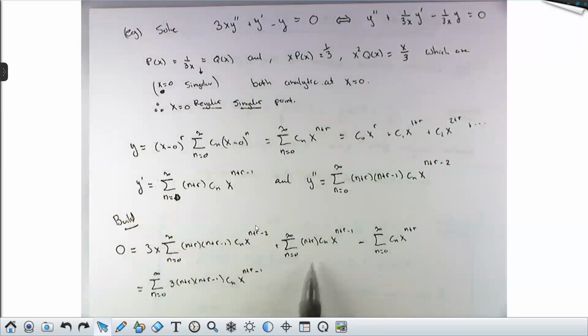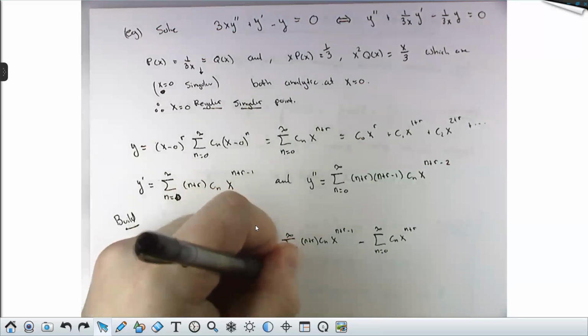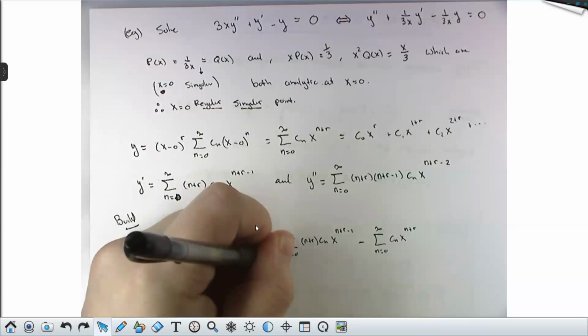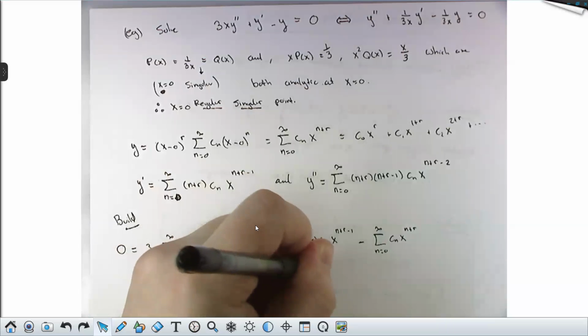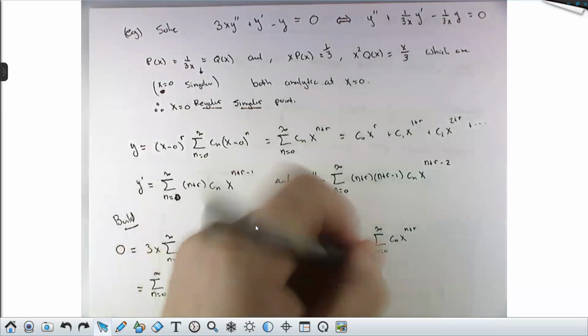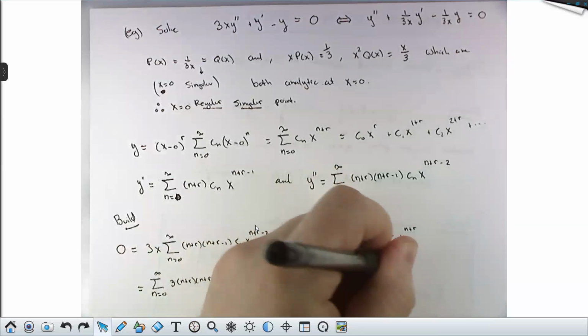And now that actually matches with this guy, plus sigma n from 0 to infinity, n plus r, cn x to the n plus r minus 1, and then minus sigma n from 0 to infinity, cn x to the n plus r.